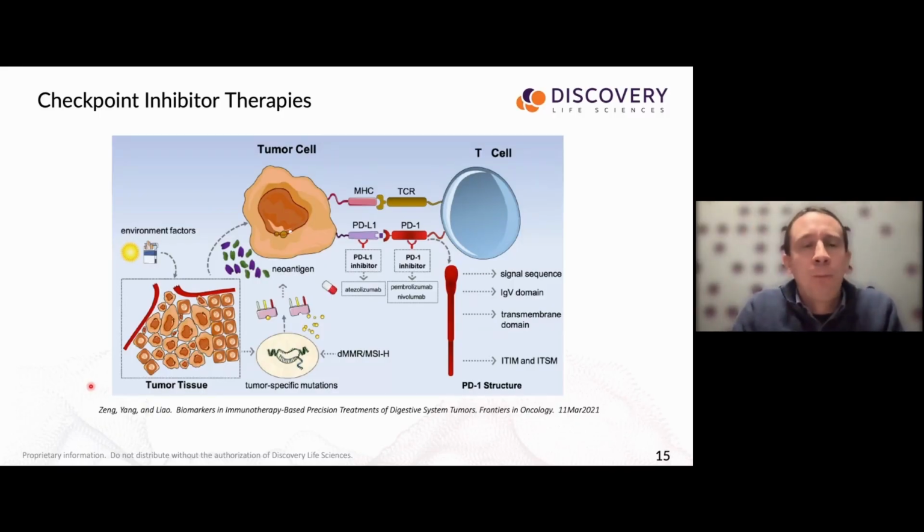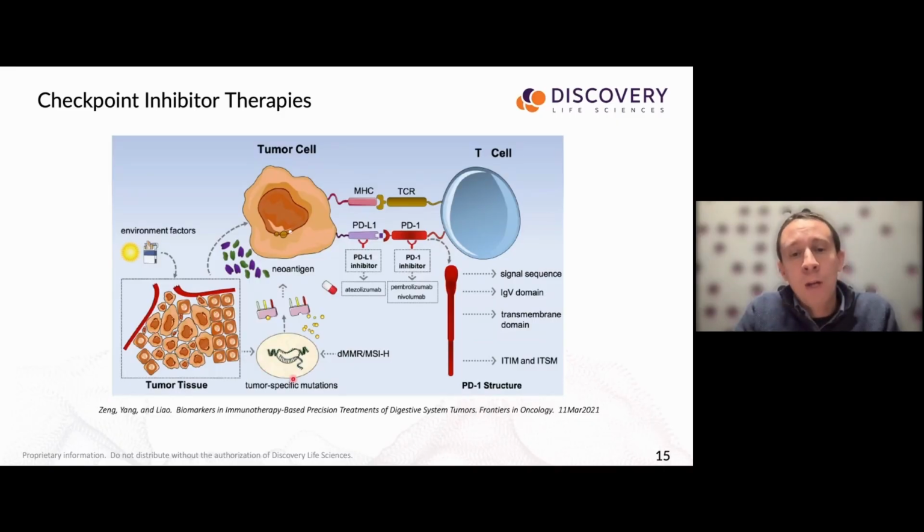The idea behind checkpoint inhibitor therapies relies on one of the fundamental principles of cancer, which is the acquisition of mutations. There are numerous factors. They can be environmental, they can be genetic, which allow for the acquisition of numerous mutations throughout the genome. This leads to the activation of oncogenes, the loss of tumor suppressors, and eventually leads to transformation in cancer.